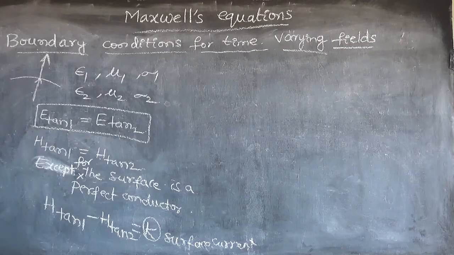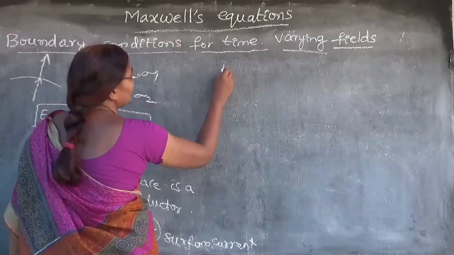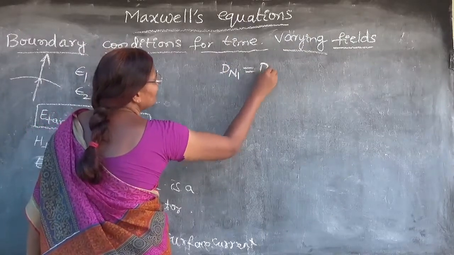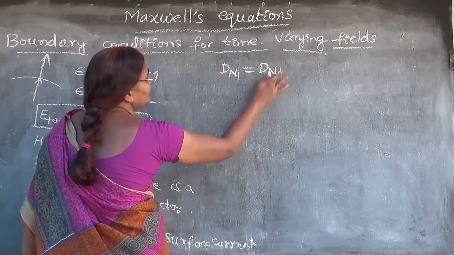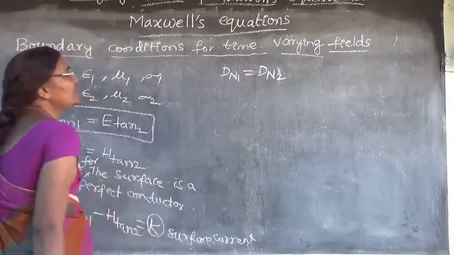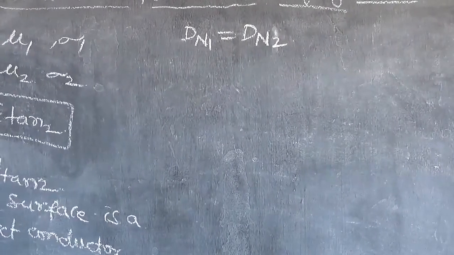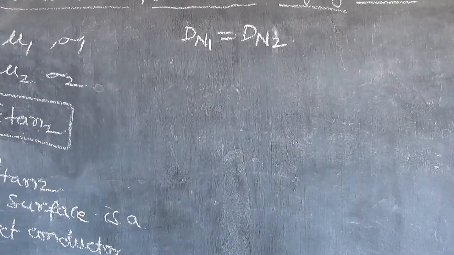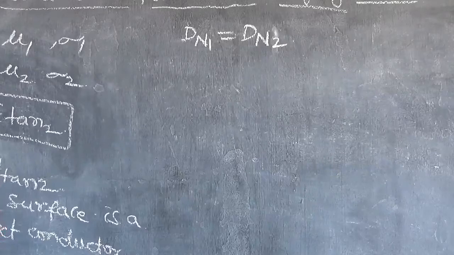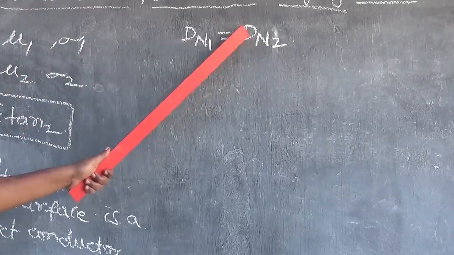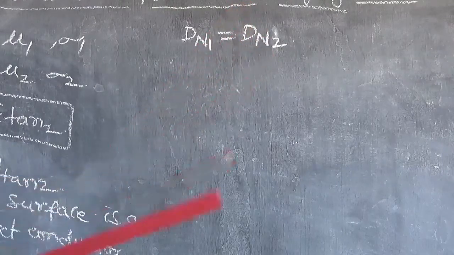The next thing, while we are dealing with the normal components: D N1 is equal to D N2. That is, the normal component of the electric flux density of medium 1 will be equal to the normal component of the electric flux density of medium 2.